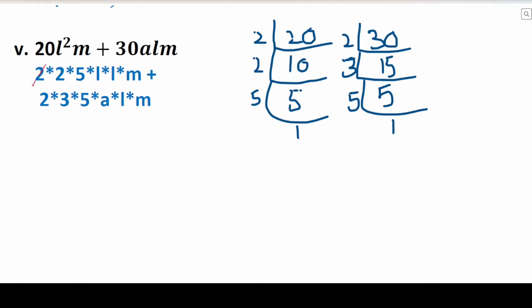See here 2, here 2 repeated, and next 2 repeated only one time. Next 5, repeated here and here. Next L, repeated here and here; next L is repeated only one time, so we have to cut only one. Next M, and M.